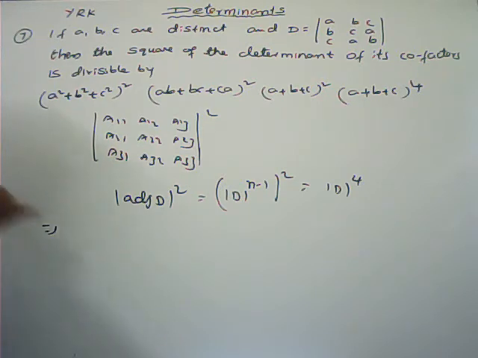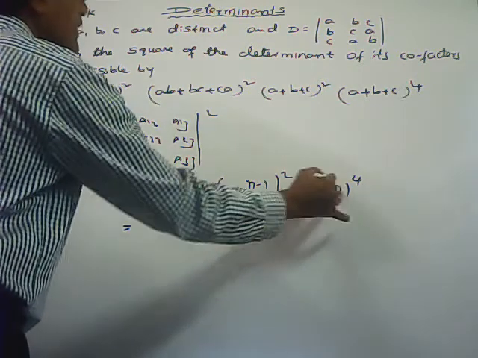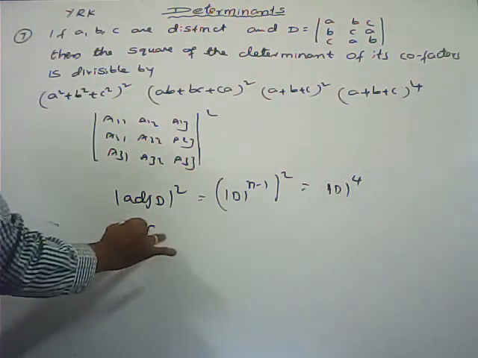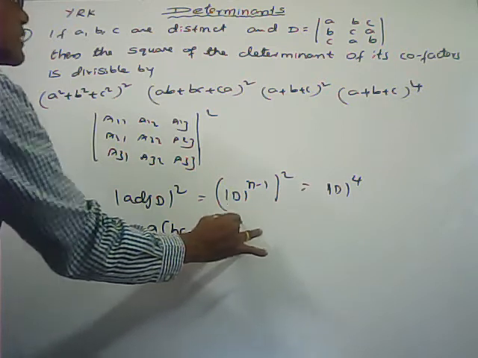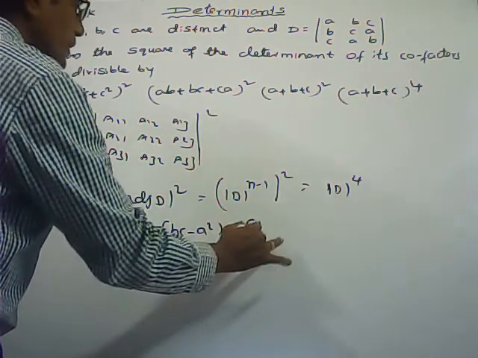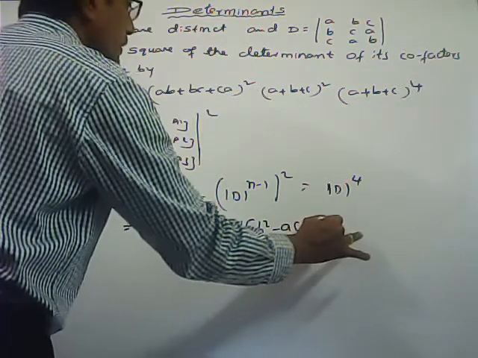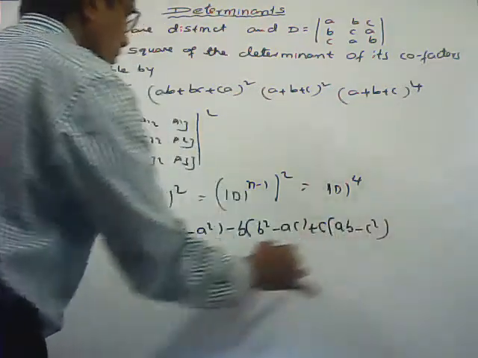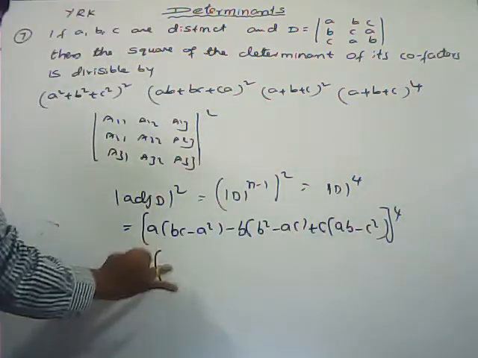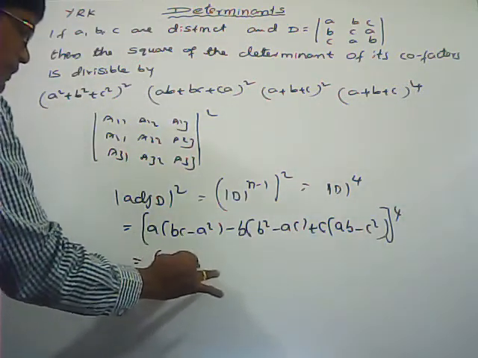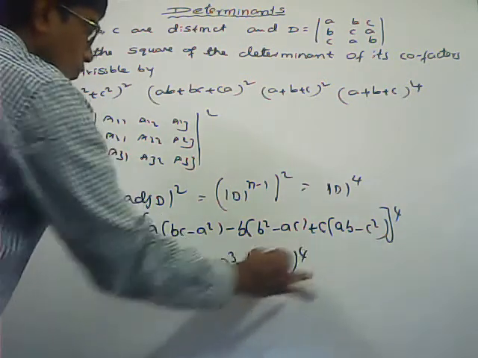Here only I am writing: A into BC minus A square, minus B into B square minus AC, plus C into AB minus C square, whole power 4. That is equal to, how much are we getting? 3ABC minus A cube minus B cube minus C cube whole power 4.